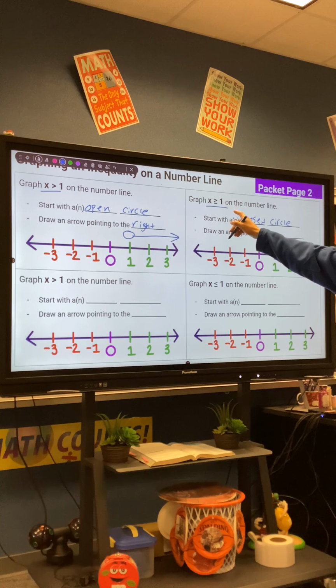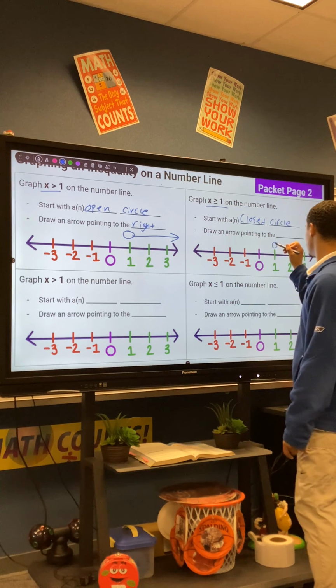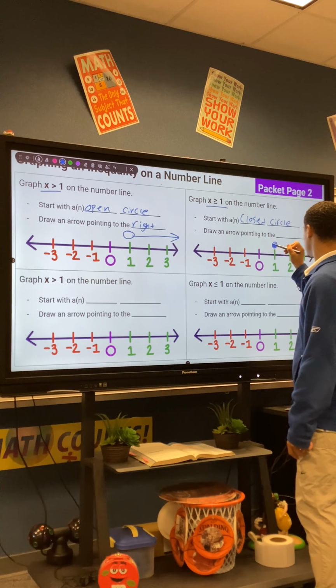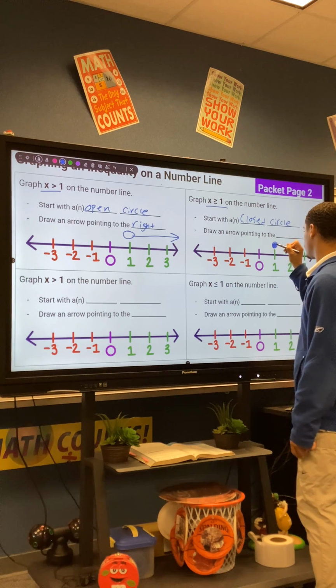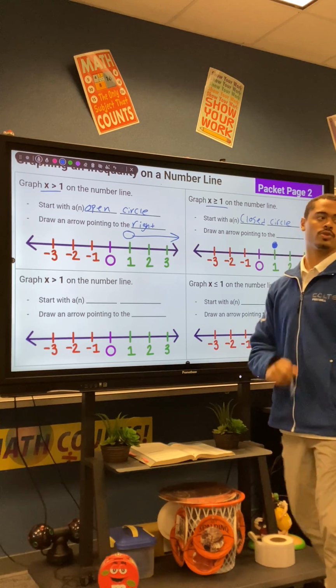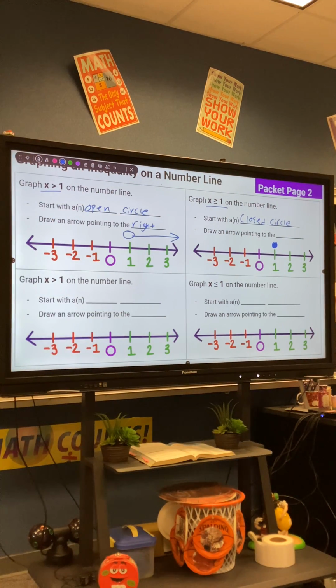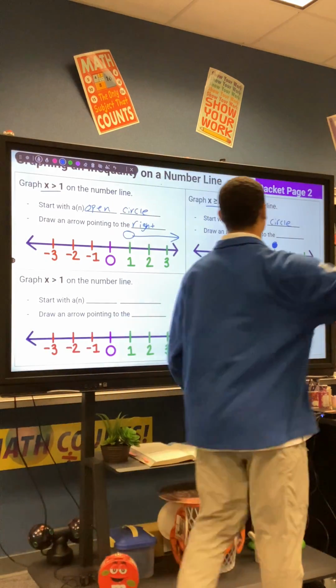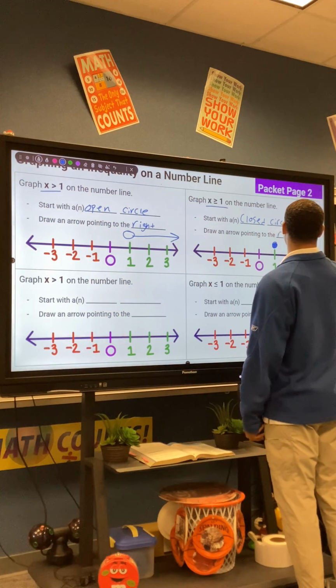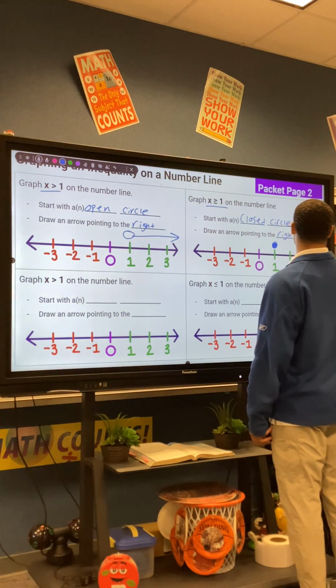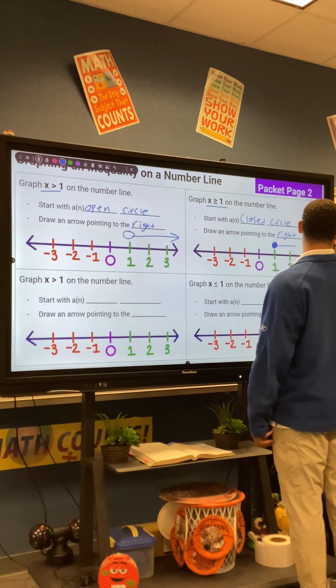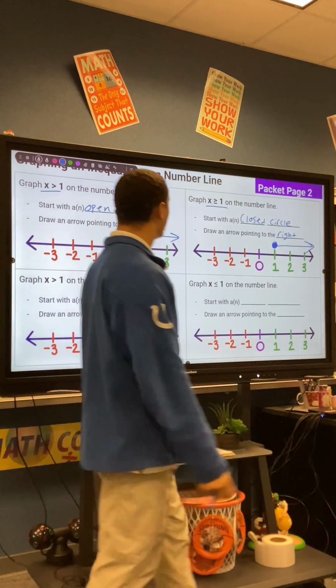And since it says greater than or equal to, I'm going to shade it. Now you get points for shading in a nice little dot. And since it is greater than or equal to, we still have that greater than. My arrow is still going to go to my right. So I'm going to draw an arrow to my right.